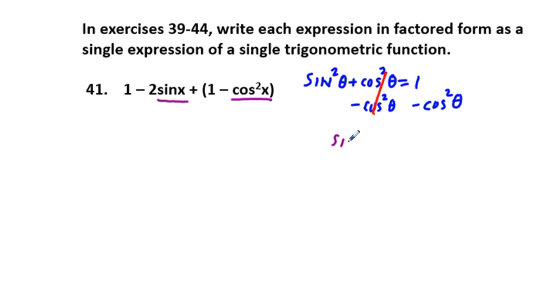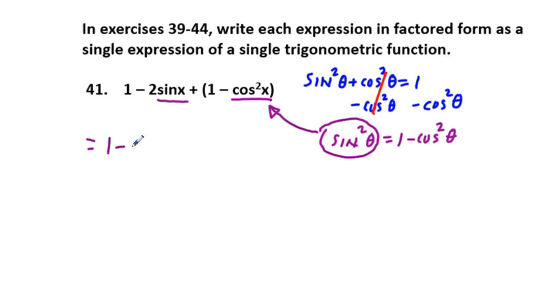So we get sine squared theta equals 1 minus cosine squared theta. And here we see 1 minus cosine squared theta, so we can replace 1 minus cosine squared theta with sine squared theta.